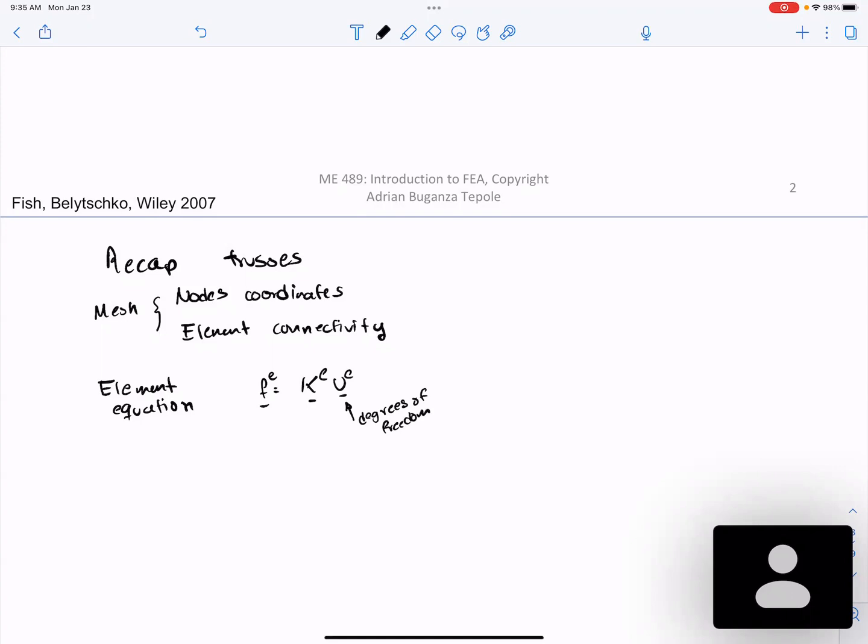This could be displacements. This we call the stiffness matrix. Even when it's not a stiffness matrix, we're going to have a matrix that basically relates the displacements or the degrees of freedom to some "forces." And again, I'm putting it in quotation marks because it is forces for the trusses, but for heat transfer, this is actually fluxes, for example, the heat flux. But it has the same structure.